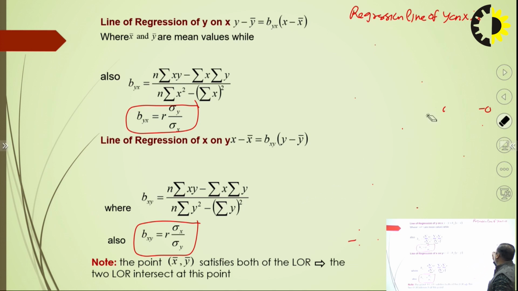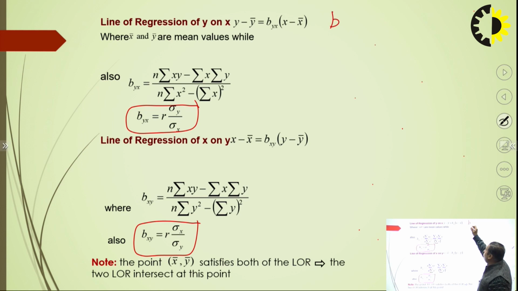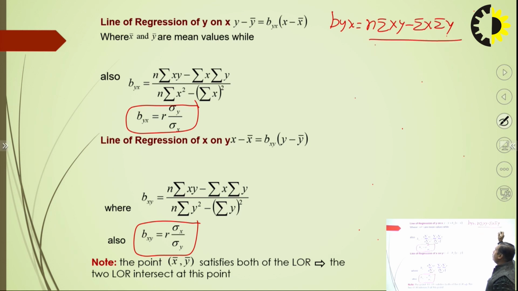That means byx is equal to n summation xy minus summation x summation y, upon n summation x square minus summation x whole square.